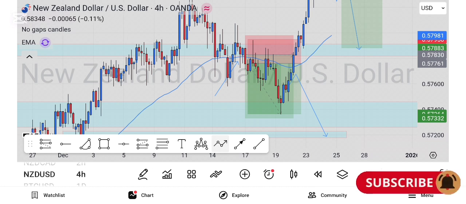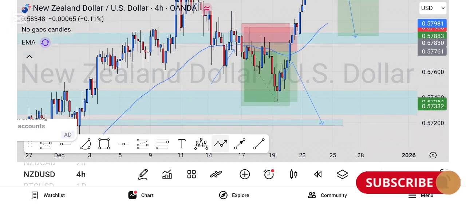I got stopped out in this trade because I did not see that zone, or I saw the zone, but I did not know that zone was going to react like this. I did not expect price to react like this on this zone, especially when the market changed to a fully bearish structure. I was expecting a full bearish candlestick and a full bearish movement, so that was why I lost this trade.